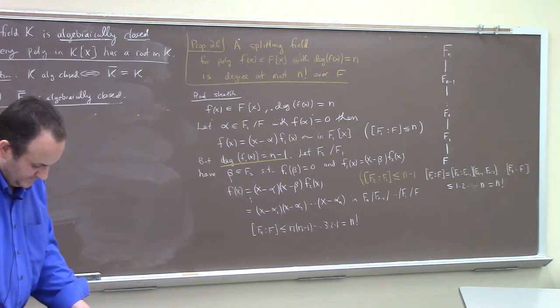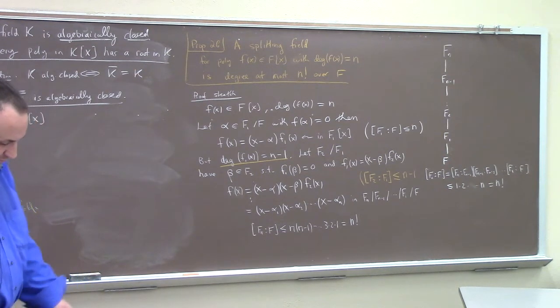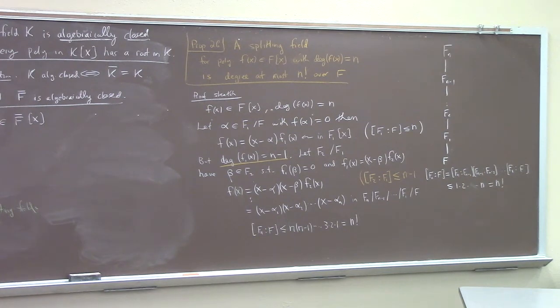Okay, so F bar has all the elements that split F. But what if there's a polynomial in F bar of X that doesn't split? That's irreducible.